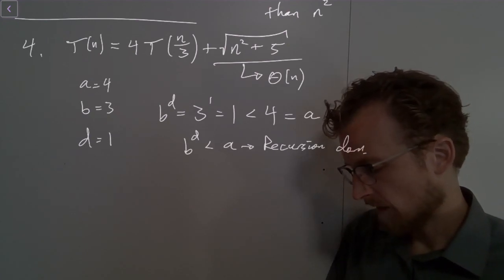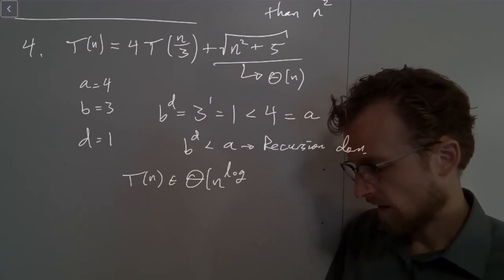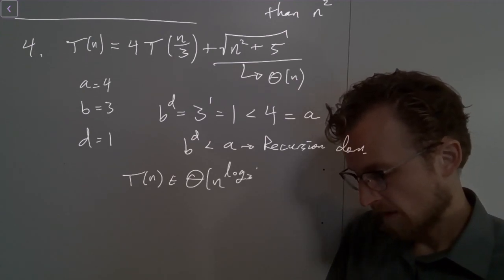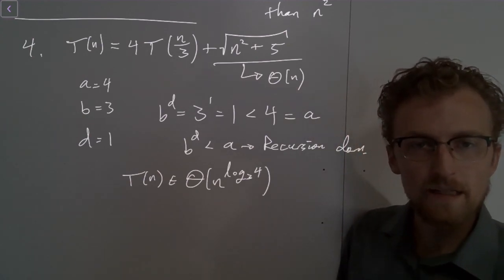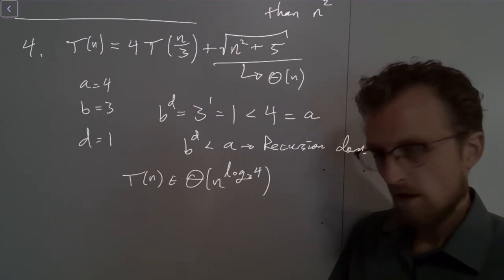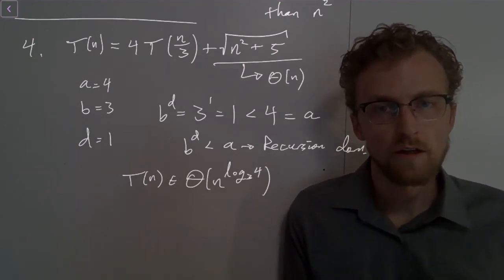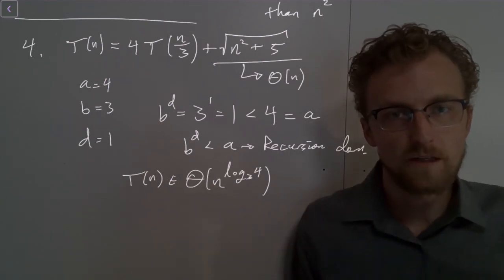And we have T of n is in big theta of n to the log base 3 of 4, which is a very tiny bit slower than linear. So there's a few examples to get you started, and then there will be more on the homework where you can think through exactly what these different cases look like.